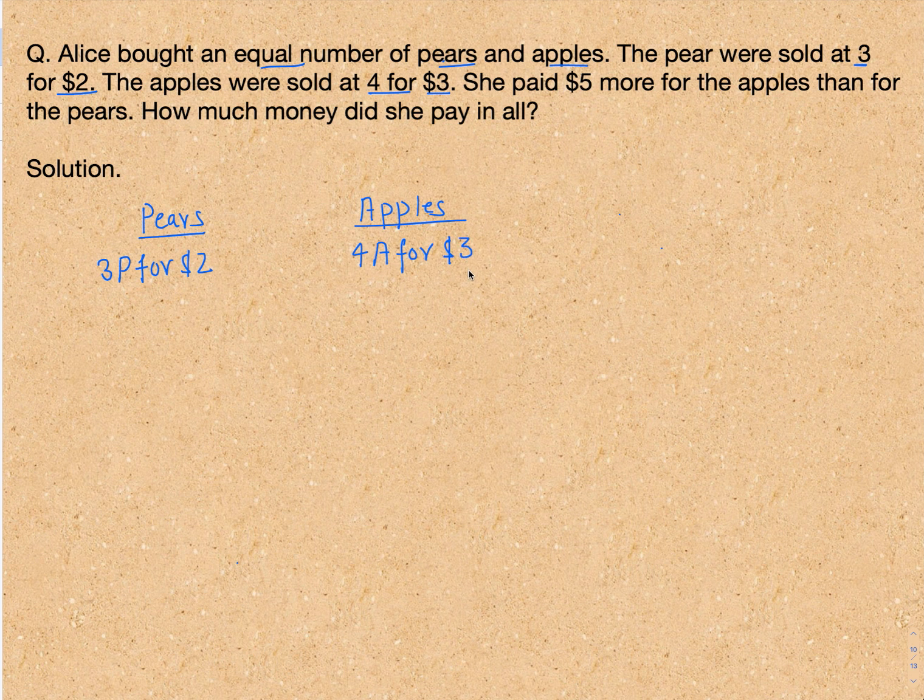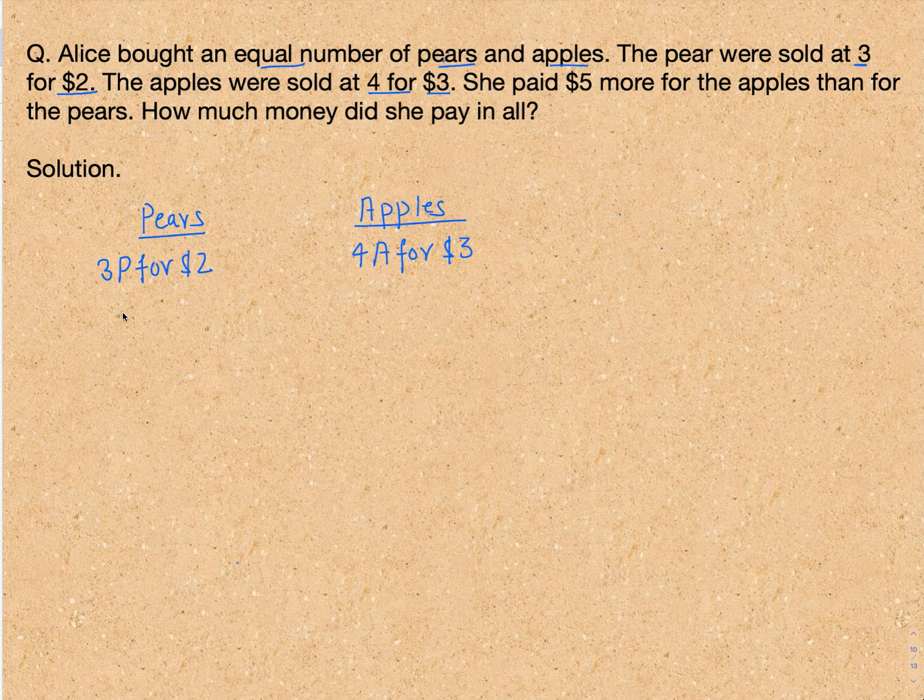The first thing we have to do is find the minimum number of pears and apples she has bought. Why? Because we know that she has bought an equal number of pears and apples, so we have some clue here.